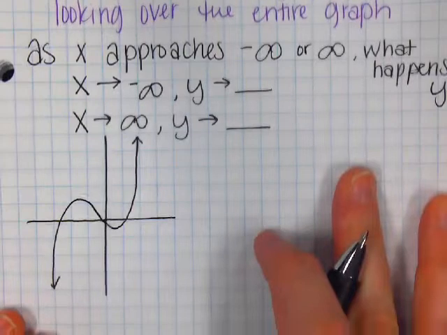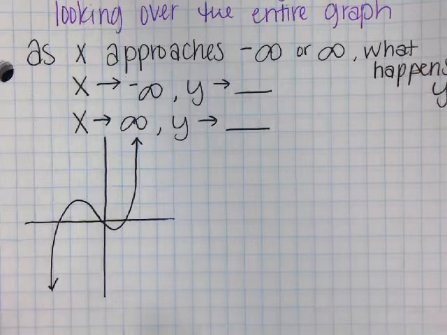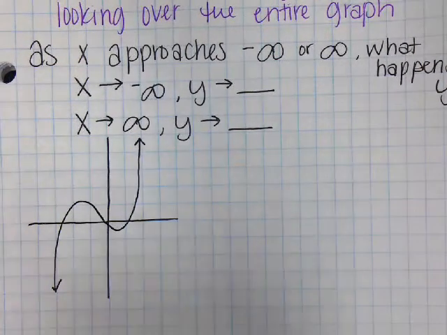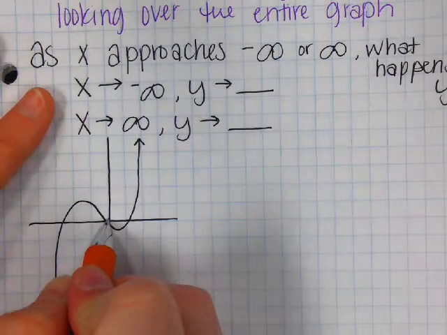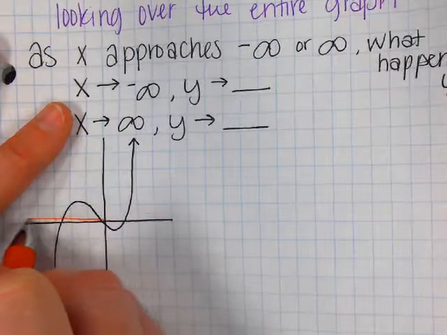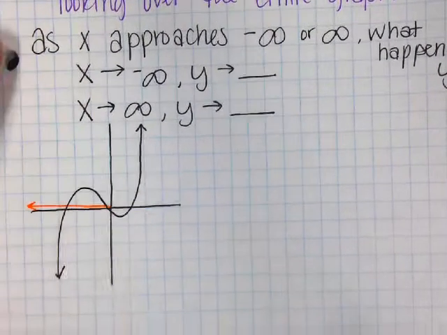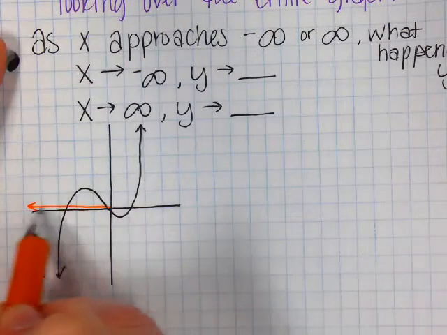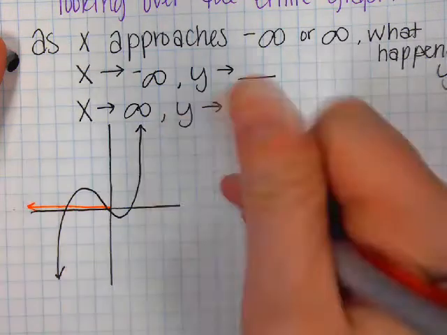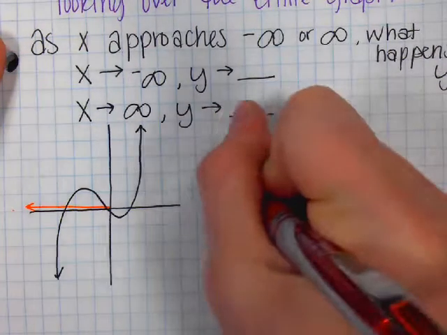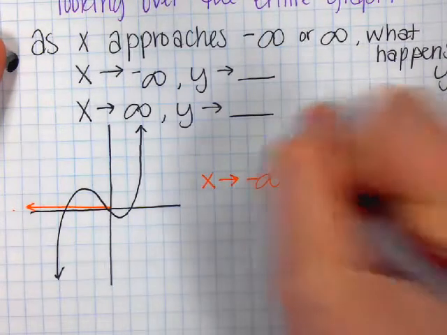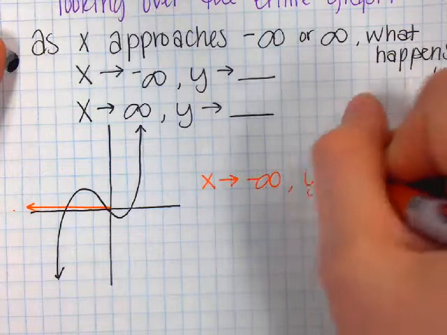if you look at this graph, as x approaches negative infinity, you always start at the origin and move towards negative. So as x approaches negative infinity, what are the y values doing?